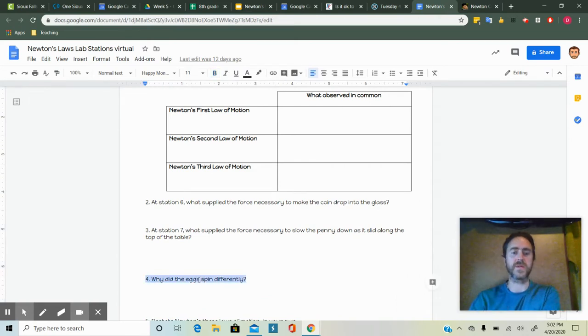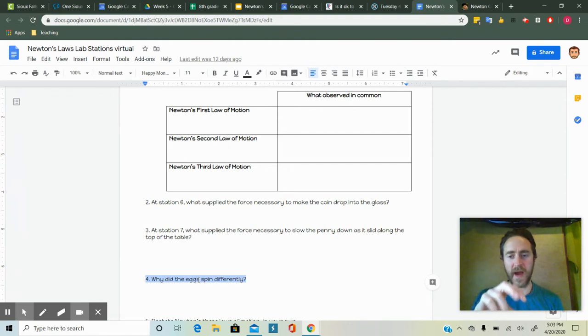And let's go down to this question. Why did the eggs spin differently? This is a tricky one. I don't think anyone really guessed this. But what's actually happening is, if you take the solid egg, or the hard-boiled egg, that's going to act like one large solid, and it's just going to spin. And it has momentum, it just keeps going. When you have the raw egg, it actually acts as two separate objects.